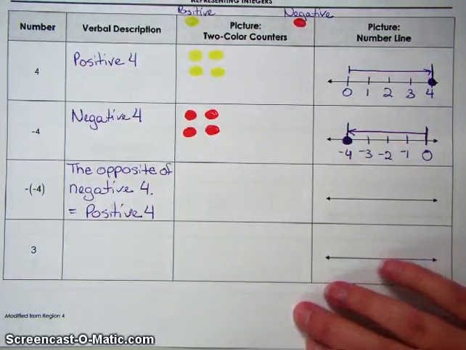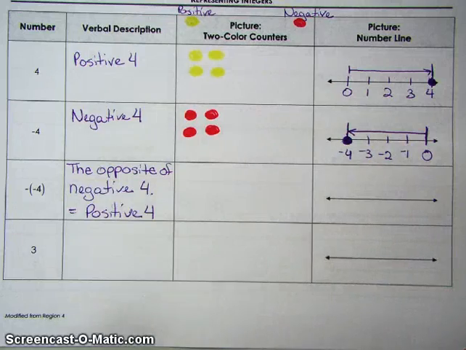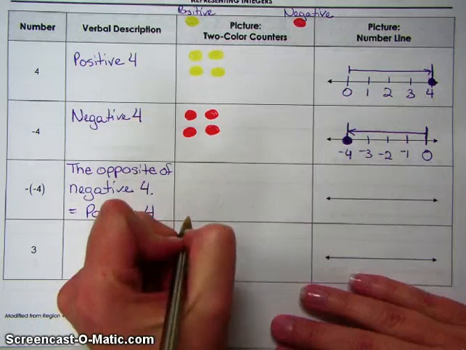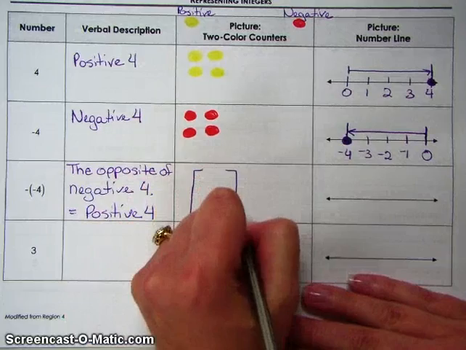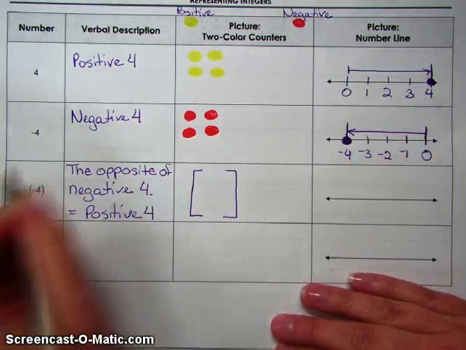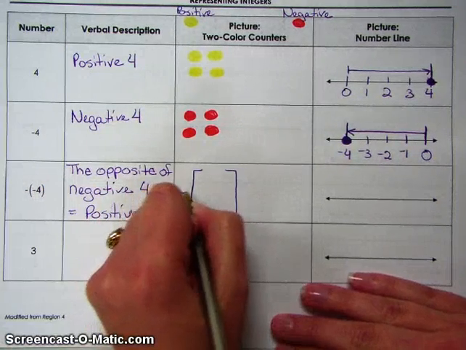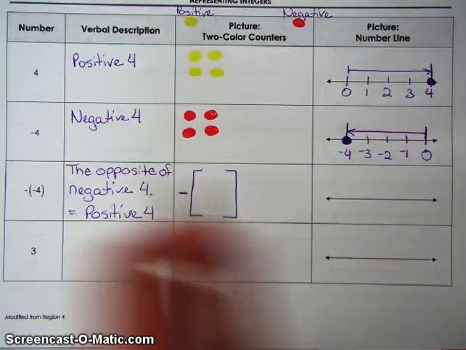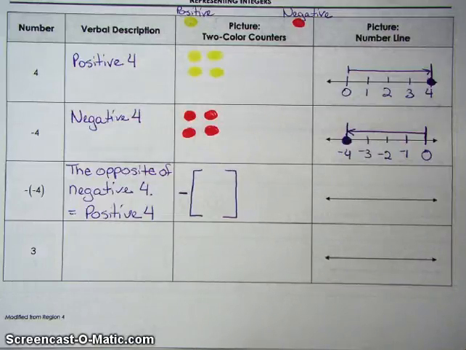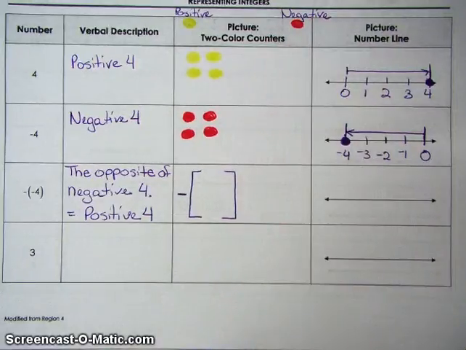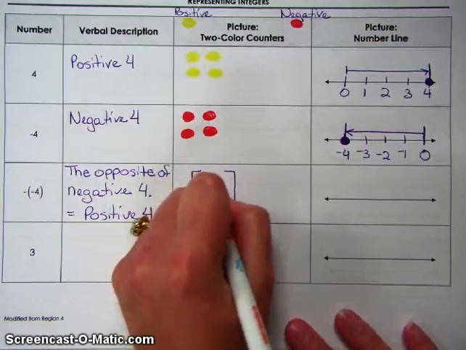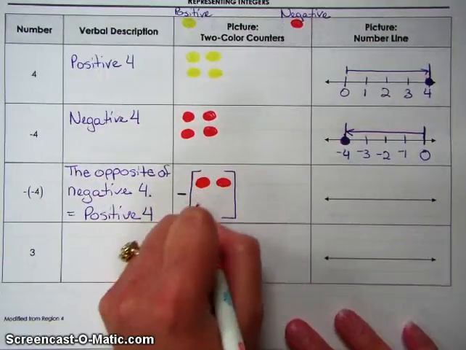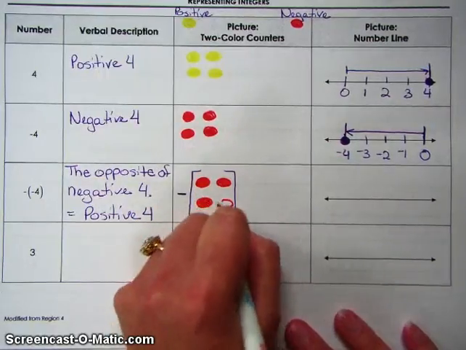Alright, so let's go ahead and move on. So it says the opposite of -4. A way for me to model that would be to use what's called brackets or parentheses. I'm going to put my negative in front of it to represent the opposite of -4, so I'm going to use my red two color counter, and I'm going to do 4 of them. 1, 2, 3, and 4.